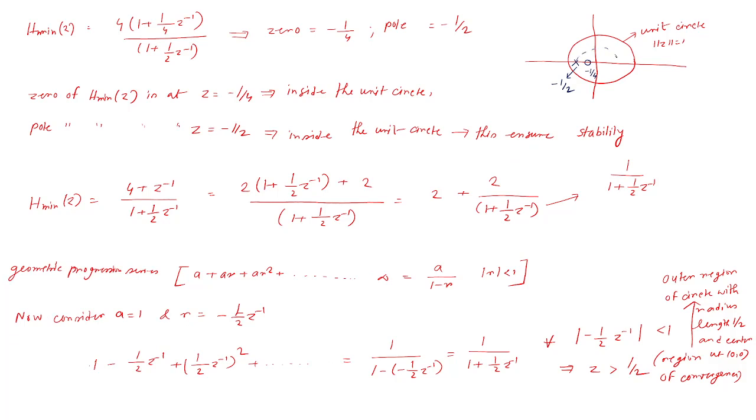If you draw a circle with center at 0 and radius half, this is actually the region of convergence, this part.